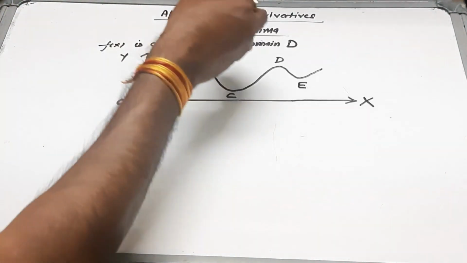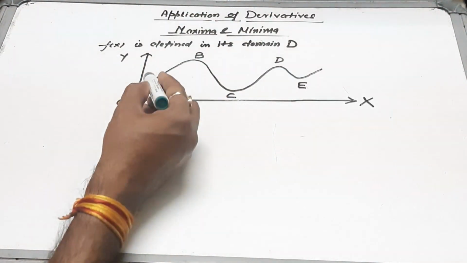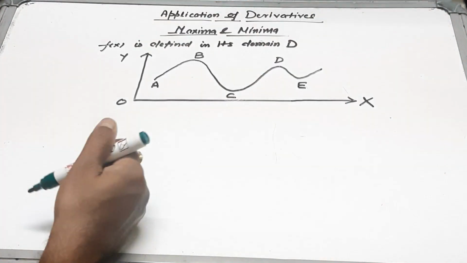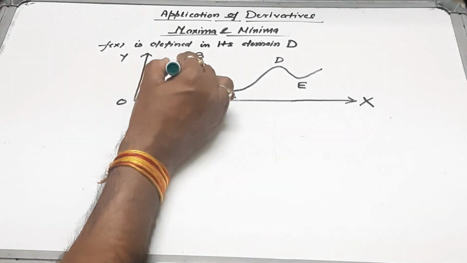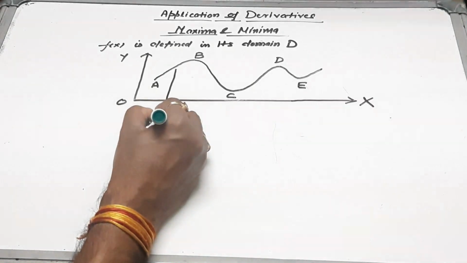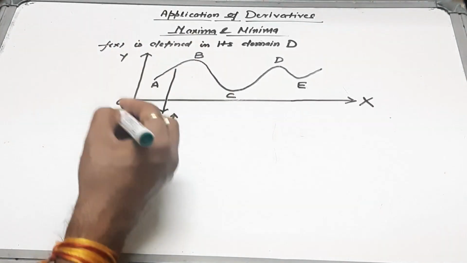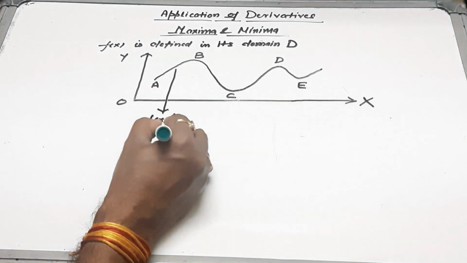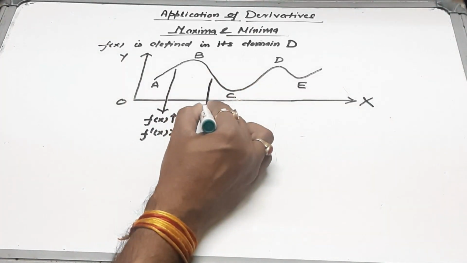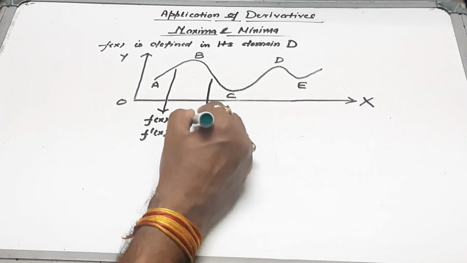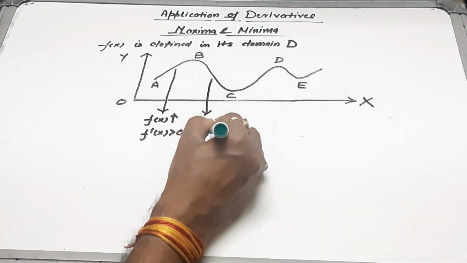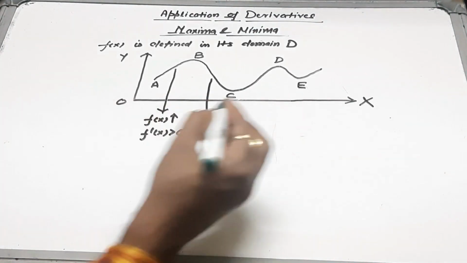So suppose here f(x) is defined in its domain D and the function is behaving like this. Our function's plot is like this. So you see in different sections. In AB section, the function is increasing, monotonically increasing. Means what? f'(x) is greater than 0. If you carefully observe in BC section, f(x) is monotonically decreasing, means f'(x) is less than 0.